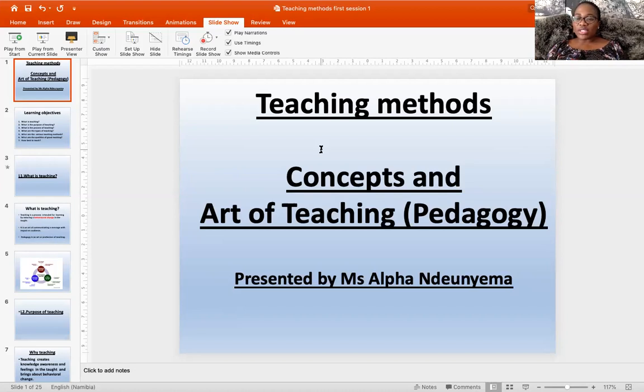Of course, the way you teach business studies is not the same way you teach accounting. It's not the same way you teach mathematics, and it's not the same way you teach economics or entrepreneurship. It depends on the type of the subject. Some subjects are theoretical, some are practical, some are numerical, and it goes on like that.